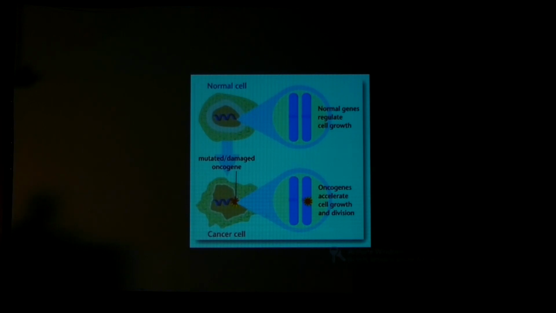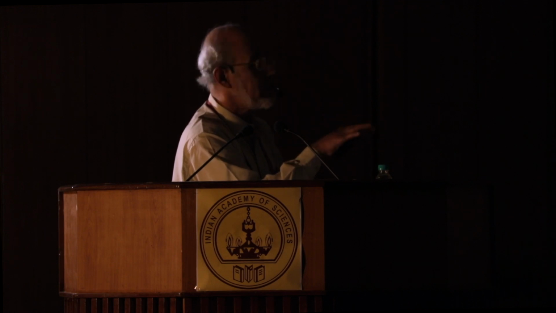The other kind of genes are called oncogenes, and these genes are usually asleep. They don't produce any proteins, but certain kinds of DNA alterations will wake them up and then they will start producing some rogue proteins, and these rogue proteins will provide cells with a growth advantage and they become clonal and they become a malignant tumor.